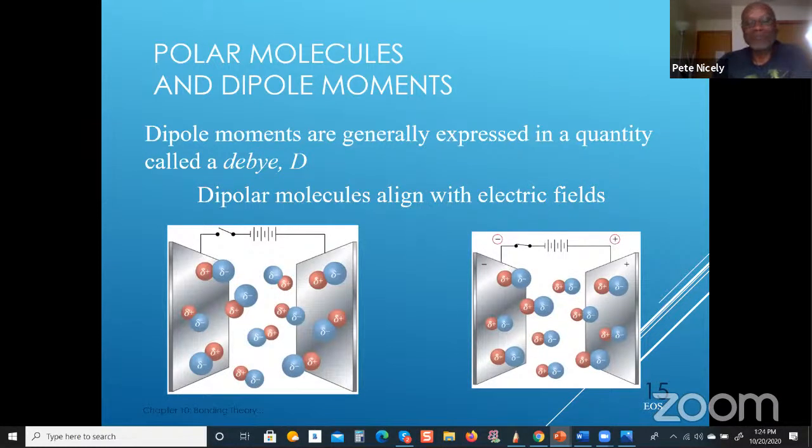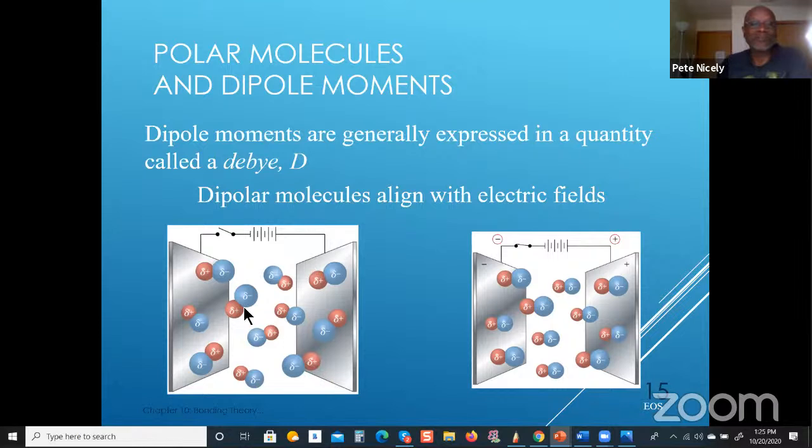One important property of dipole molecules is that they align with electric fields. If you have some dipole molecules in a container, and you put 2 electrodes inside that substance and connect them to an external circuit, initially the molecules will be oriented randomly.